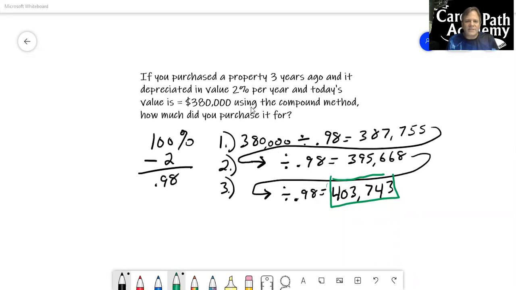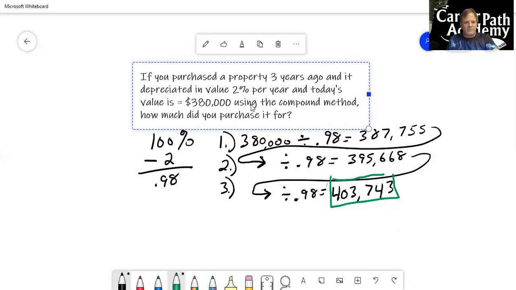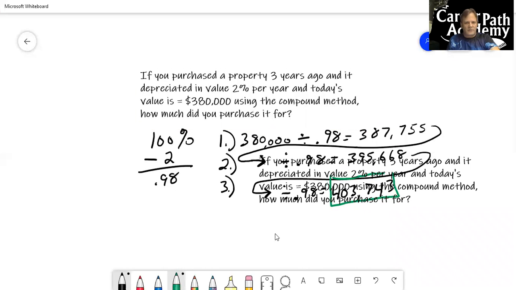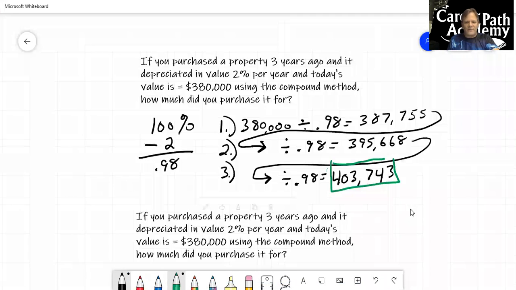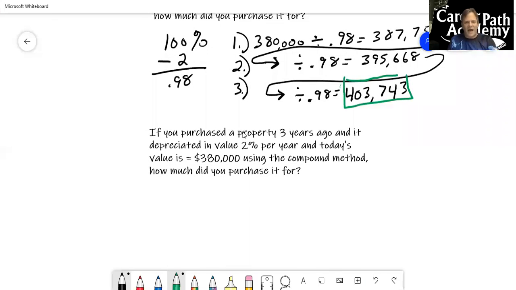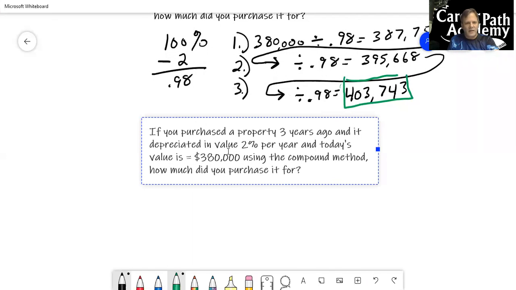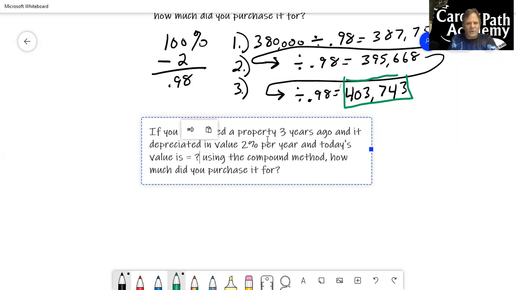So if I gave you the same question, let me put it right below it. If I gave you the same question and I modified it a bit, we don't know what today's value is.